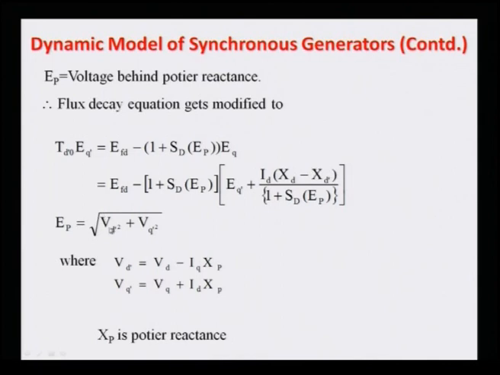So E_P, the voltage behind the Potier reactance, is the square root of E_d' square plus E_q' square. The voltages can be calculated with V_d, the d axis voltage, and V_q, the q axis voltage, minus I_q into X_P, and X_P is nothing but the Potier reactance.